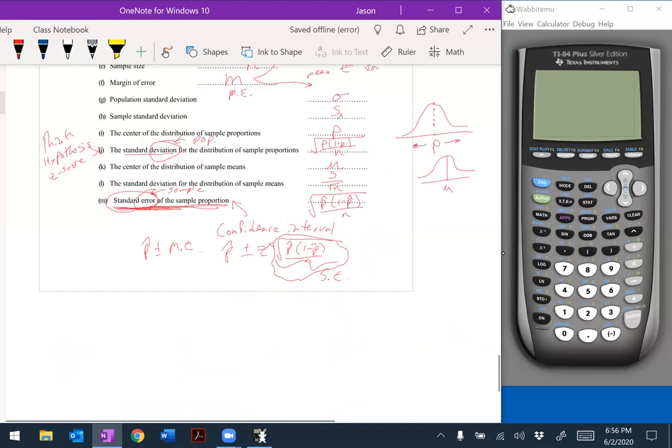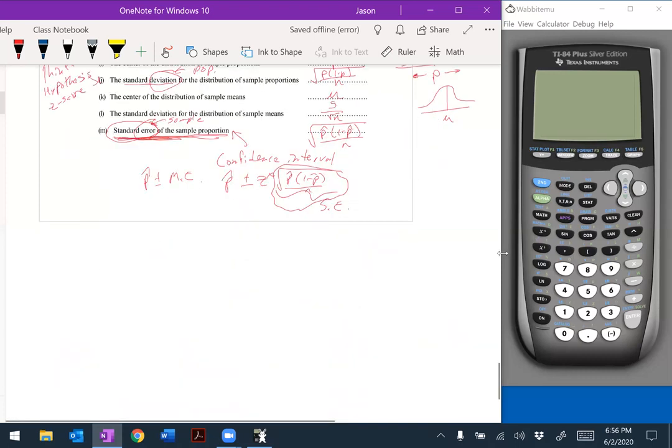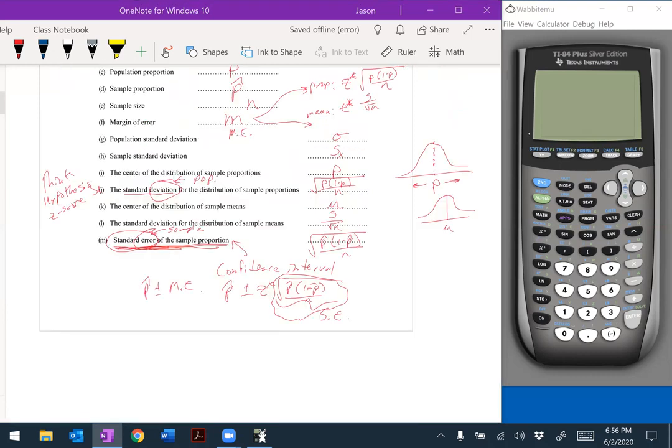Any other questions? Is this pretty much how the test is going to go for Thursday? Yeah, there'll be charts and graphs, and you're just going to be answering questions. It is all multiple choice.